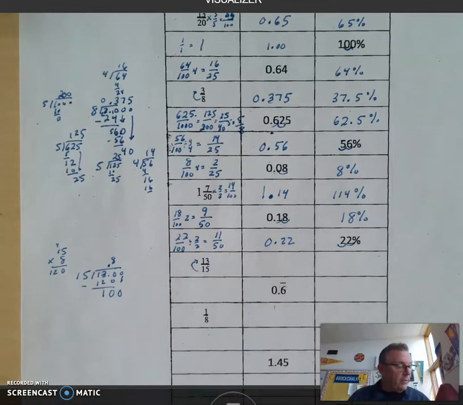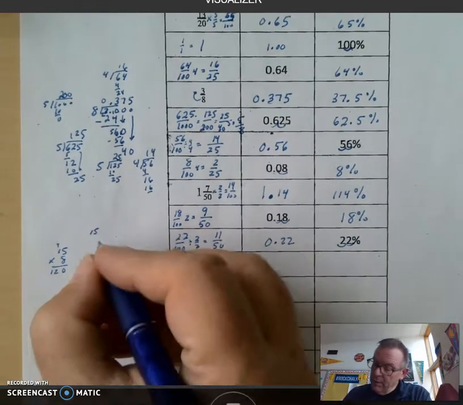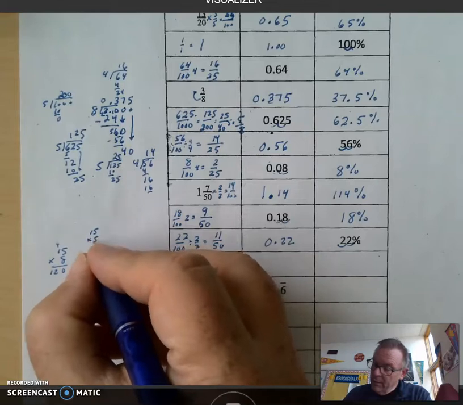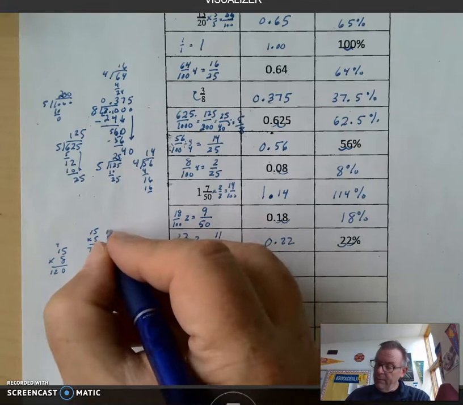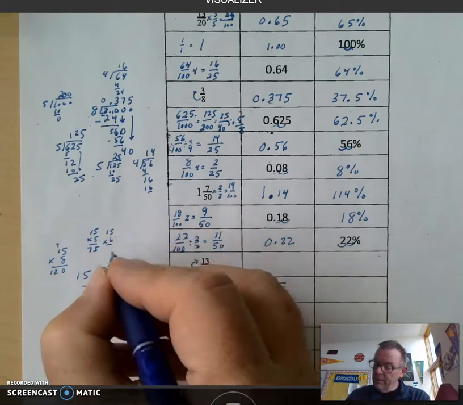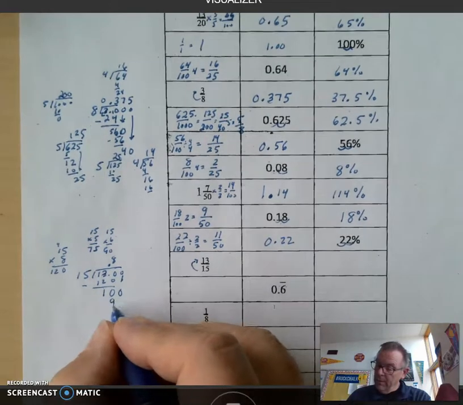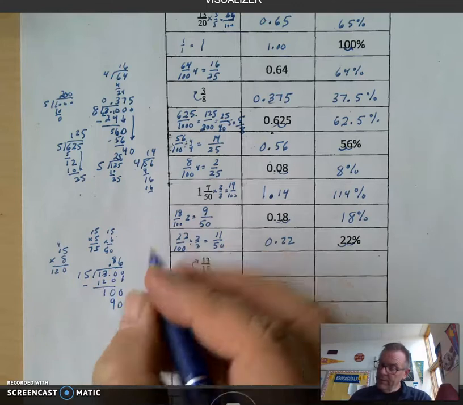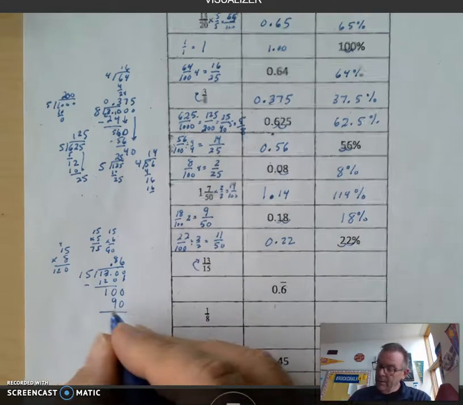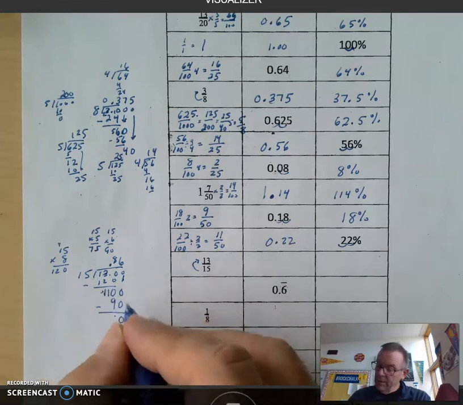So now I ask myself, okay, well, 15, I could do it times 5, 75, times 6 is 90. So that's as close as I'm going to get. So 6, 90, subtract, 0, 10 minus 9 is 1.